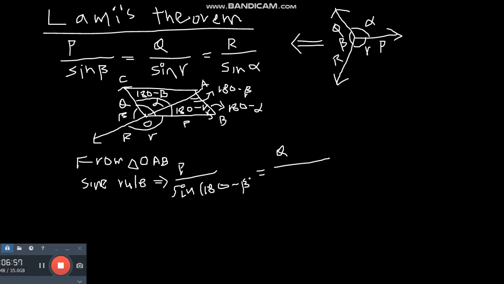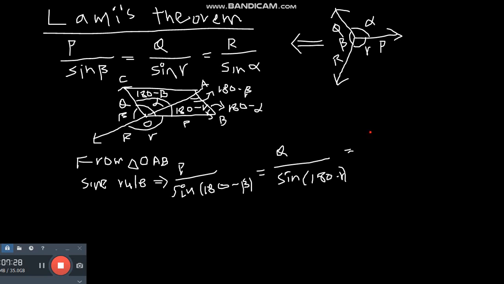So Q divided by sine of 180 minus gamma. Similarly, the last force R, taking R in this direction, is proportional to the sine of the opposite angle, 180 minus alpha.